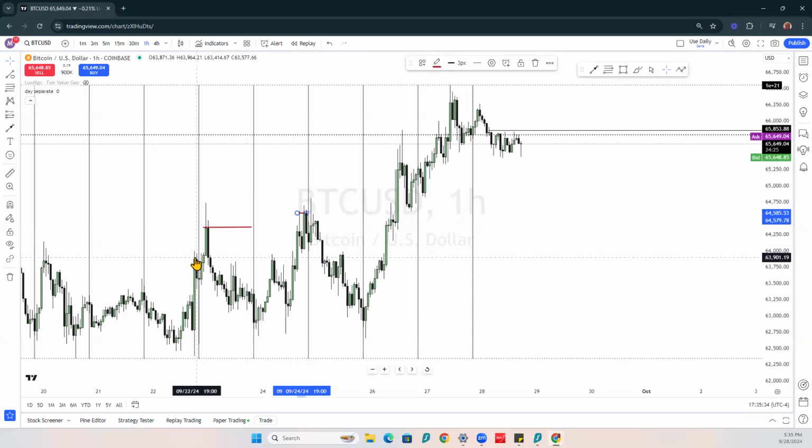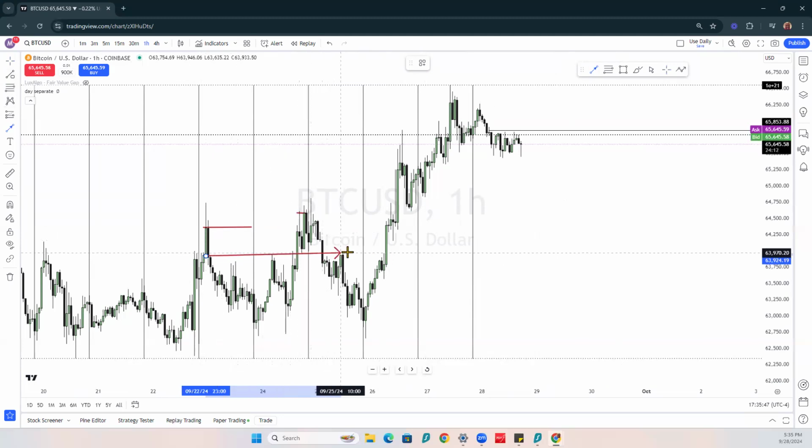Now there's going to be a neckline that you have to chart out as well, which is typically right here. When you place this neckline, you can anticipate the market to go down, hit the neckline, and then you would place your trade down here if you're a counter trader.